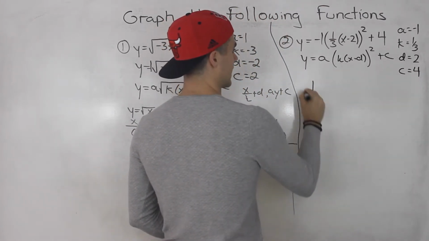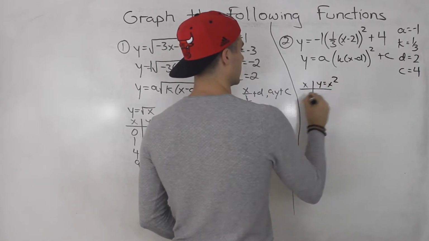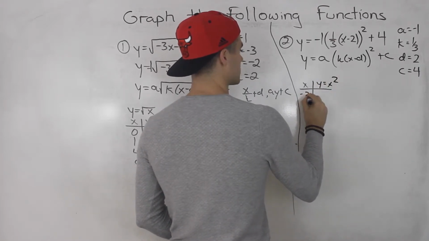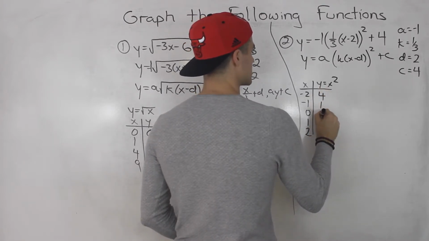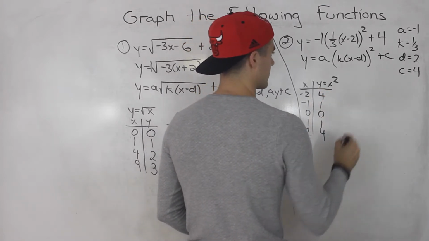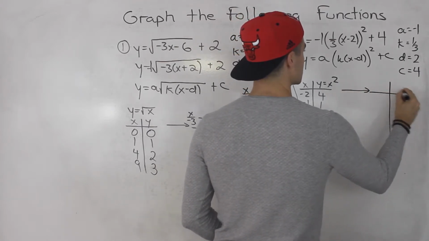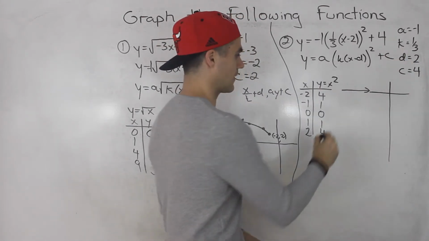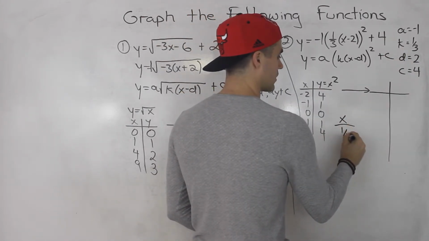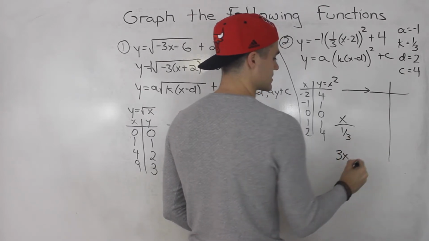So we're going to take x squared, the parent function. Let's use a couple points: negative 2, negative 1, 0, 1, 2. That would be 4, 1, 0, 1, 4. And we're going to transform it. What's the formula that we're going to use? We take all the x values and divide them by 1 over 3. Now x divided by 1 over 3 is the same as x times 3, it's the same as 3x.